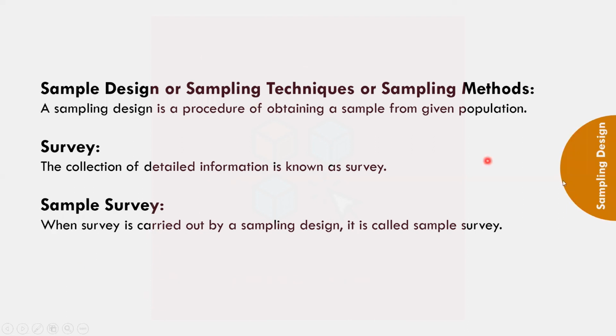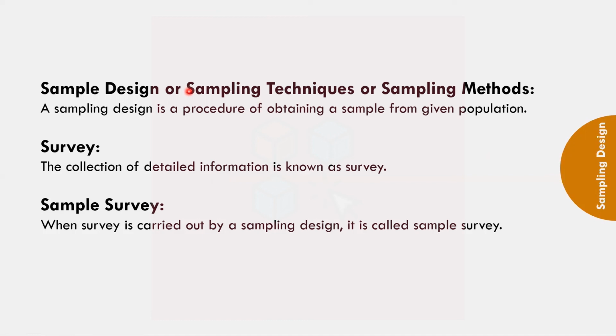There are a few more terms involved in sampling. Sampling design: a sample is going to be collected from the population. The population is the bigger group, the sample is a smaller group taken from it. But which procedure is going to be adopted to select the smaller group?